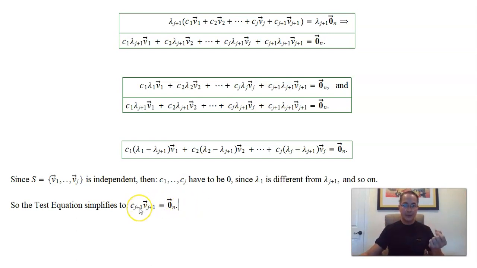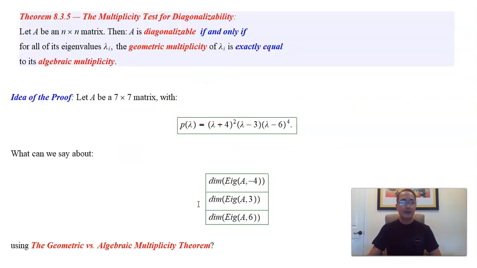Either the coefficient is 0 or the vector is 0. Again, we have an eigenvector though, so vj plus 1 cannot be 0, so cj plus 1 has to be 0. And that completes the proof. All coefficients now from c1 all the way through cj plus 1 have to be 0.